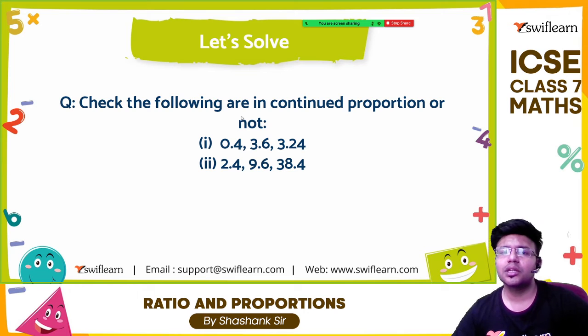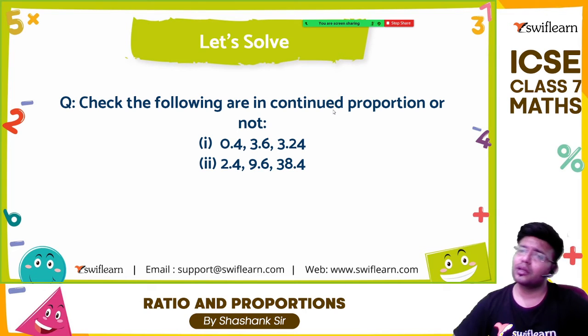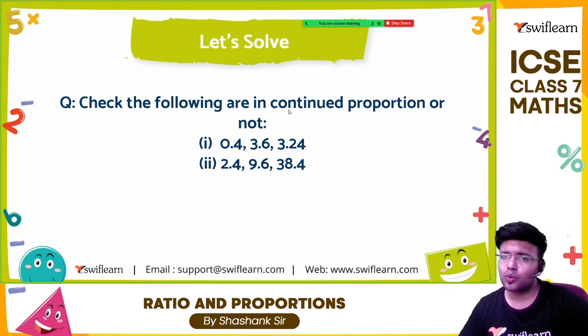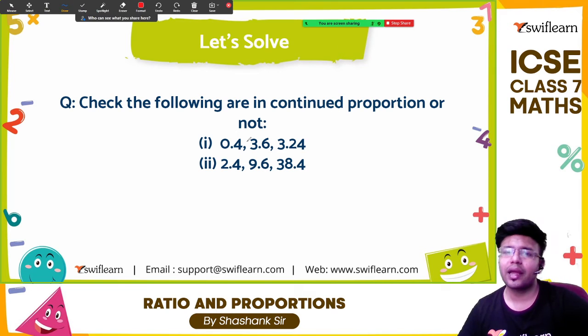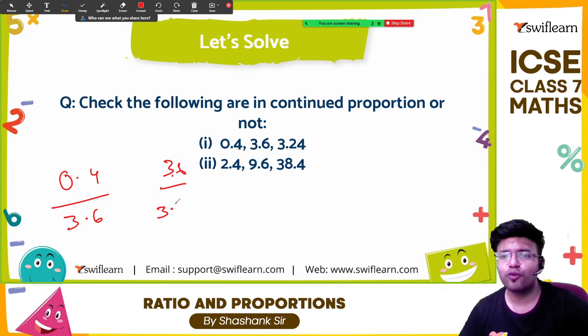Check whether the following are in continued proportion or not. So b square should be equal to a into c, or this by this should be equal to this by this. See, 0.4 by 3.6: if it is equal to 3.6 by 3.24, they are in continued proportion.